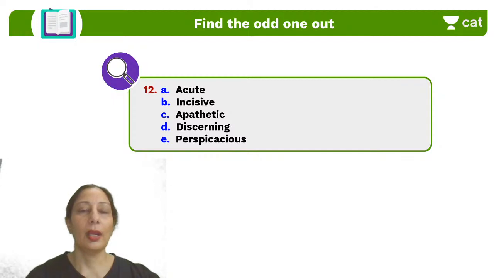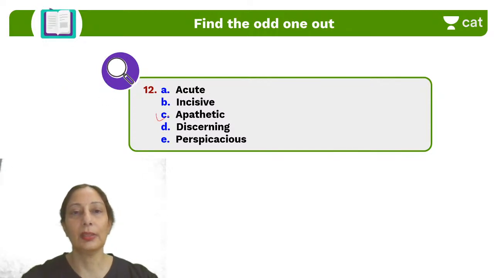Yes, Ayushi is saying D. Dia is saying apathetic. Correct? Yes, answer is not acute. Answer is not acute. Incisive. E. Perspicacious. No, it is apathy.